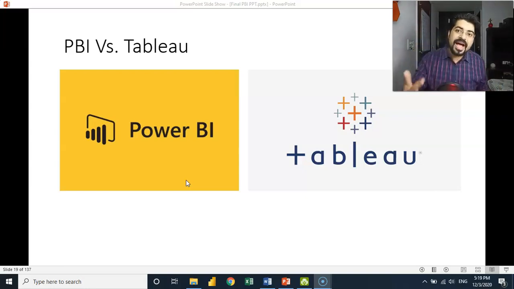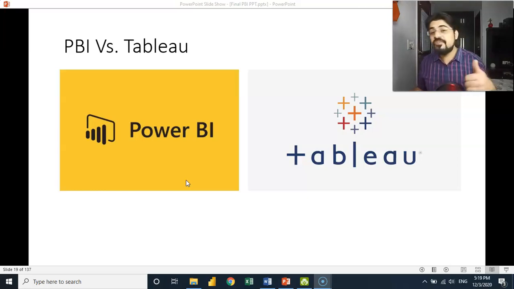If you go back a couple of years, you won't find the advanced visuals which are now present in Power BI. Now they have AI-based visuals, artificial intelligence, like key influencers, they have decomposition tree, and what more, Q&A.